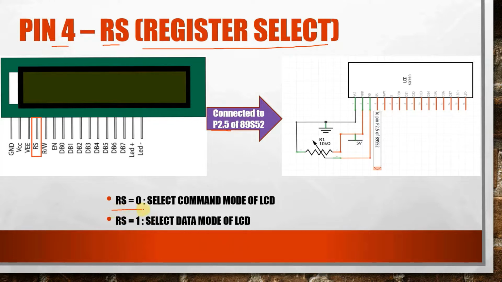When RS is made 0 through programming of the 89S52, then command mode of the LCD is selected. If it is made 1, then data mode of the LCD is selected. In command mode, the data sent is used to initialize the LCD, while in data mode, the data sent to the LCD is displayed on its front panel.